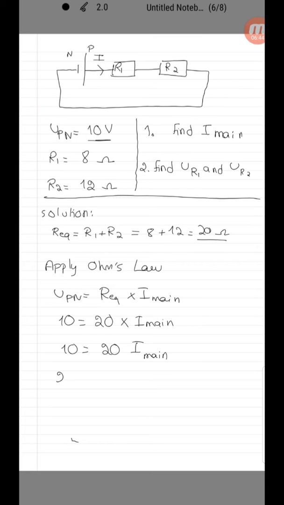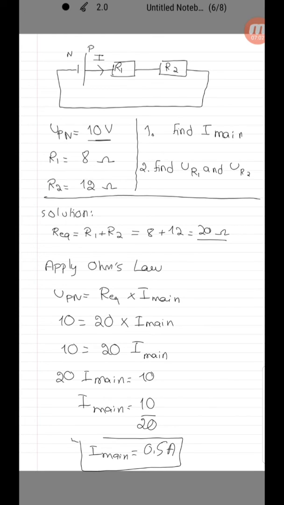So 20 I main is equal to 10, so I main is equal to 10 over 20, which is 0.5 amperes. So now I have found the main current in the circuit, which is I equal to 0.5 amperes.